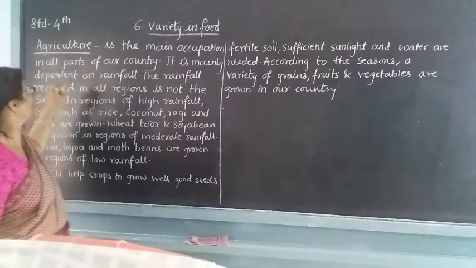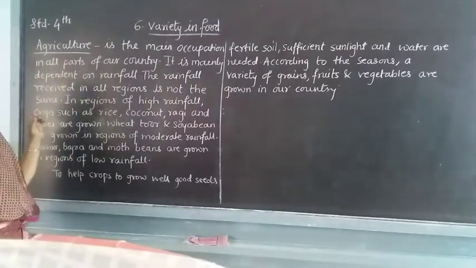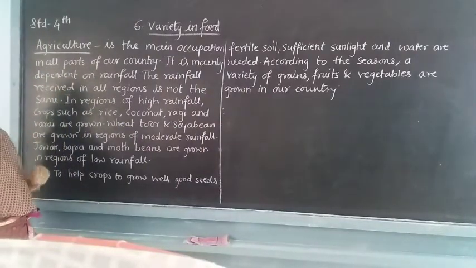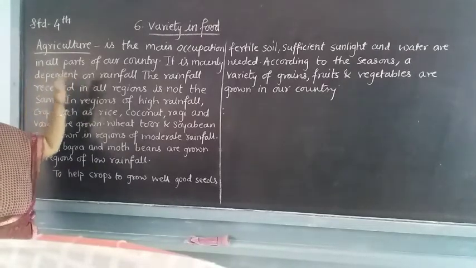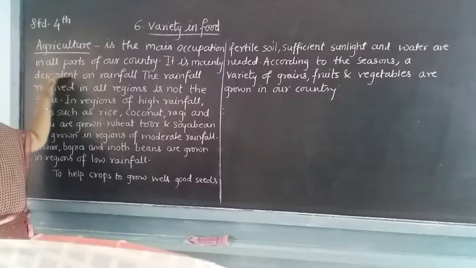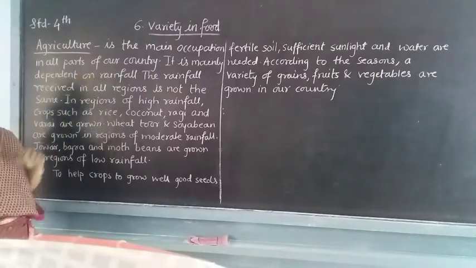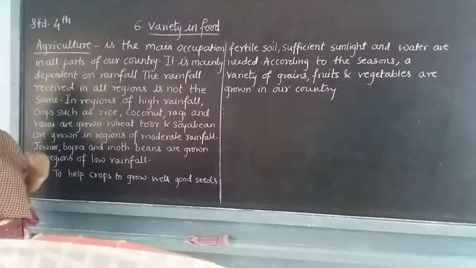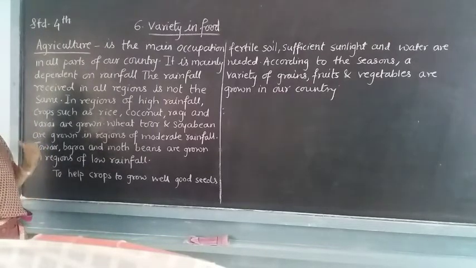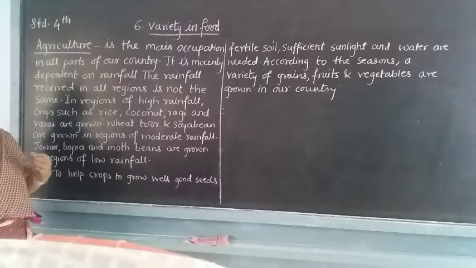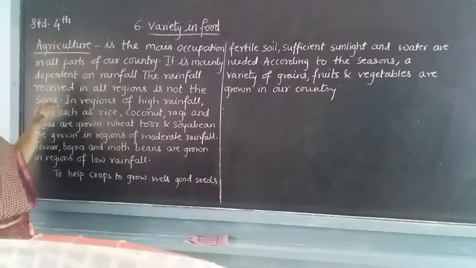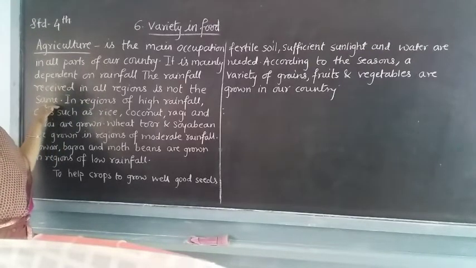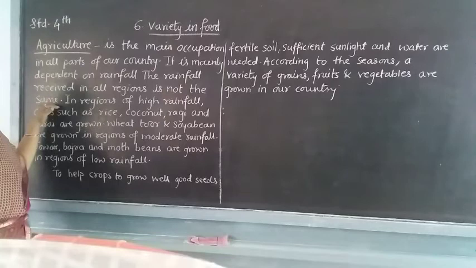Agriculture is one of the main occupations in all parts of the country. It is mainly dependent on rainfall. The cultivation of rice is mainly dependent on rainfall because it needs more water. Rainfall received in all regions is not the same. Whatever rainfall we receive in our country is not the same in all regions.